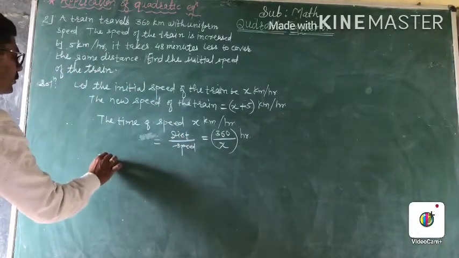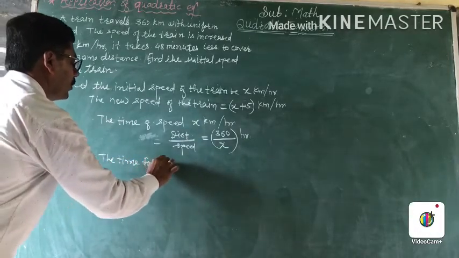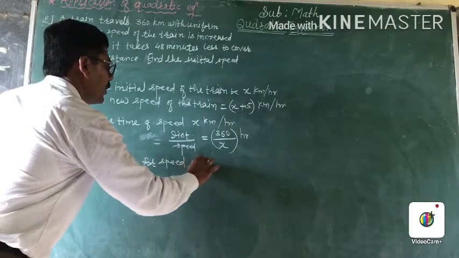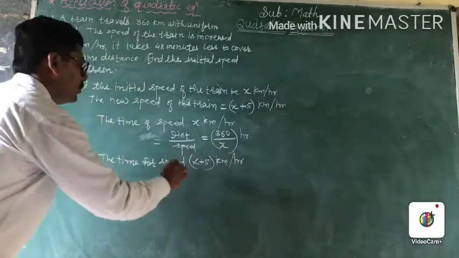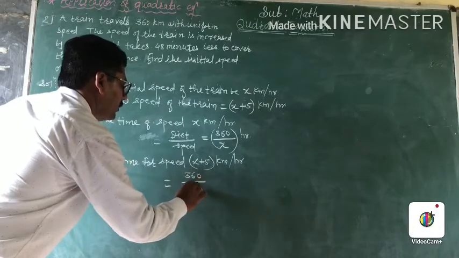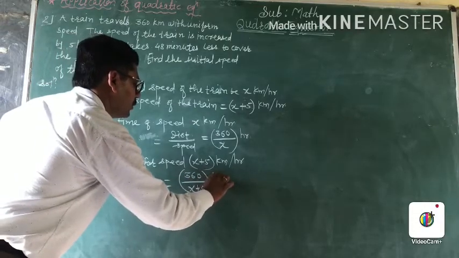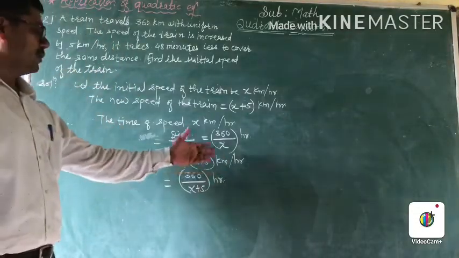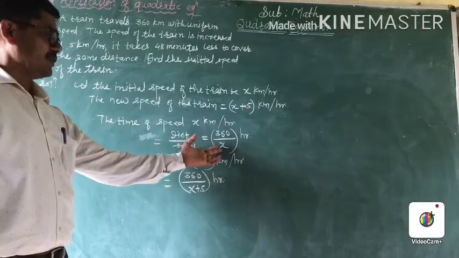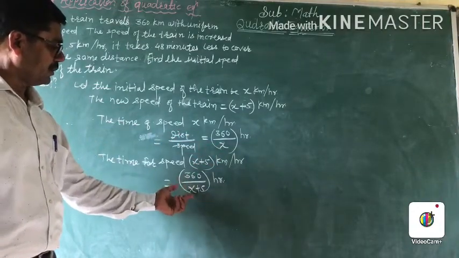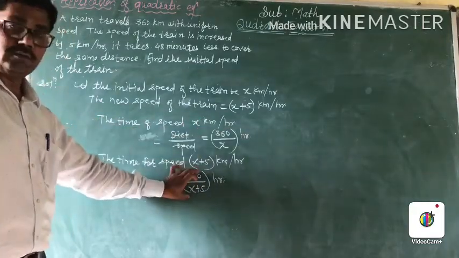The time required for speed x plus 5 kilometer per hour is equal to 360 divided by x plus 5 hours. You get these two times. This time is with the initial, lesser speed, and this time is with the greater speed, which means the first value is always greater than the second.